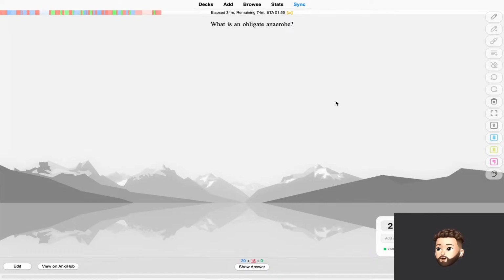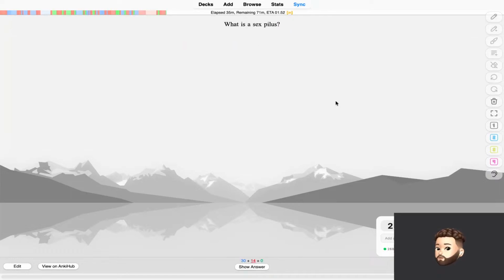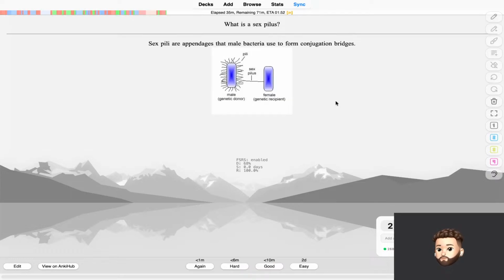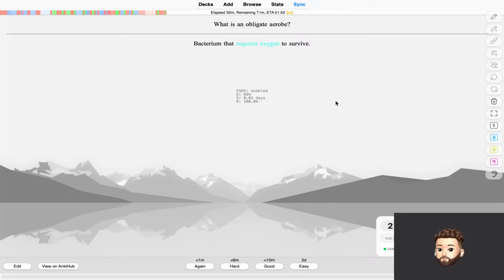Obligate anaerobes, they will die in the presence of oxygen. What is a sex pilus? It is the appendage used by male bacteria in order to form conjugation bridges. What is an obligate aerobe? They need oxygen to survive.